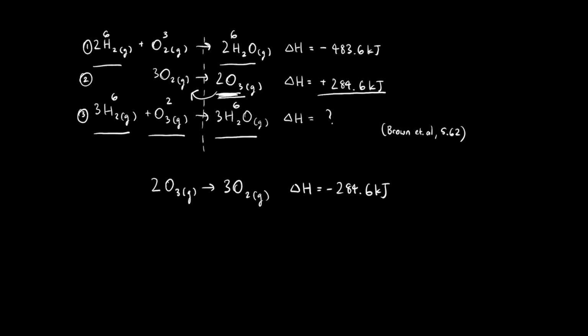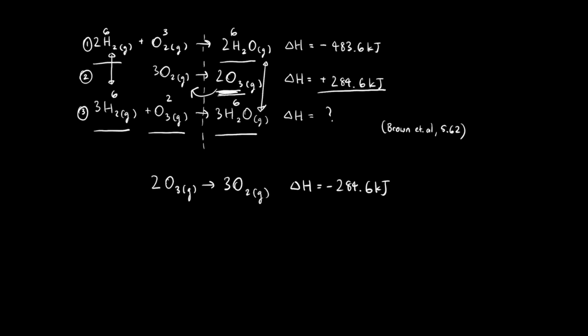And if we look at our comparison here, that's exactly what we want. The sixes match up here, and the sixes match up here. It is exactly what we want.